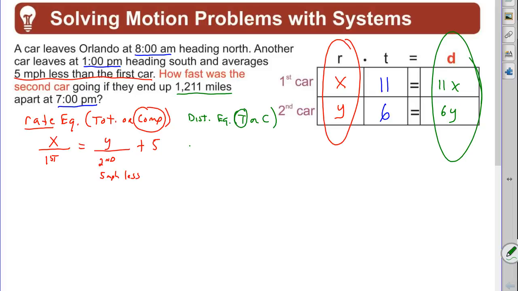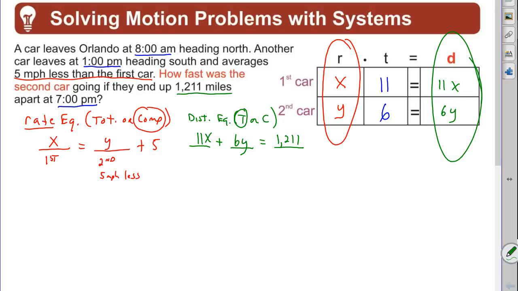And a total equation is always the first distance plus the second distance equals the total distance. What is the first distance? Look in your chart. It's 11x. What's the second car's distance? Look in your chart. It's 6y. And the problem says the total was 1,211 miles. There we are. We're ready to solve.